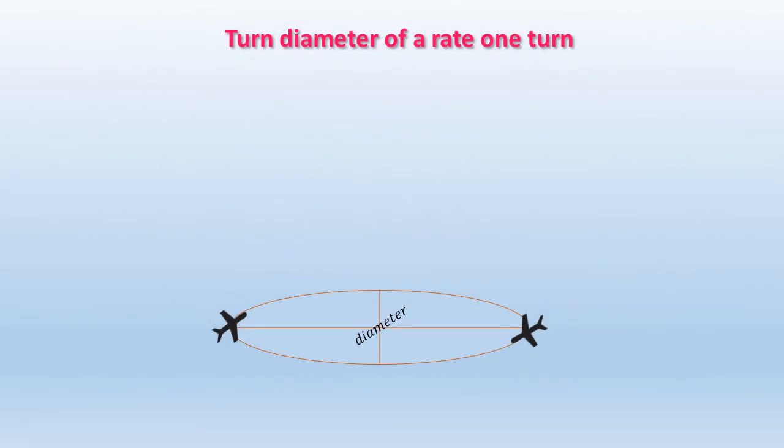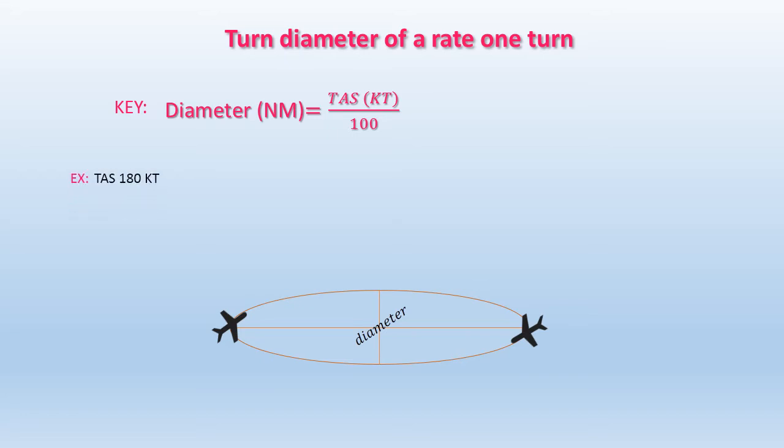Next one is the turn diameter of a rate 1 turn. For this one, we would like to know the diameter of a rate 1 turn, which is referred to the first formula. For the first formula, we require the bank degree. To calculate the diameter of a rate 1 turn, follow the key: diameter in nautical miles equals true airspeed divided by 100.